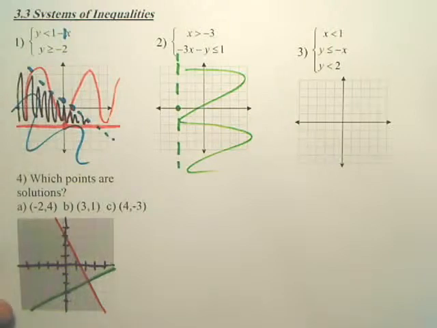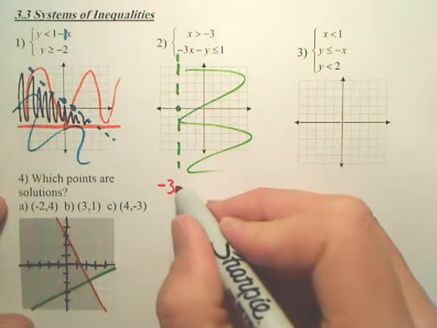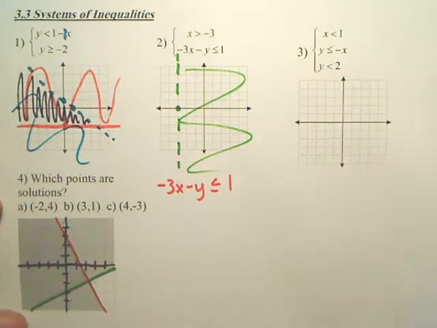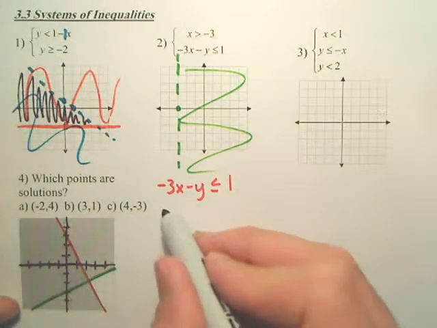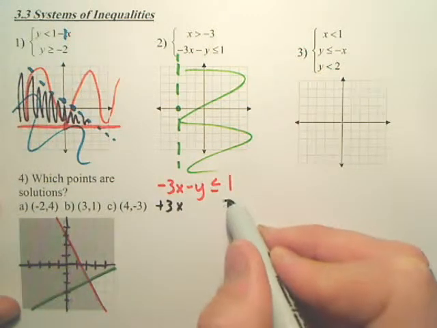The second equation is not ready quite yet, so we have to rewrite it here and make it into a better form. So to get y by itself, our first step, this is the second equation, is going to be to add the 3x over.